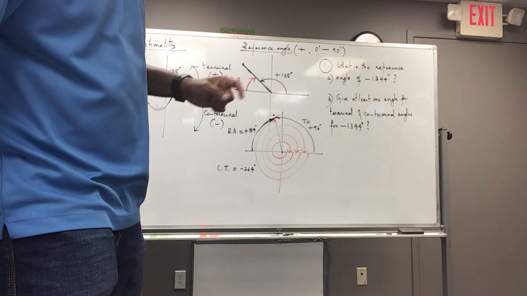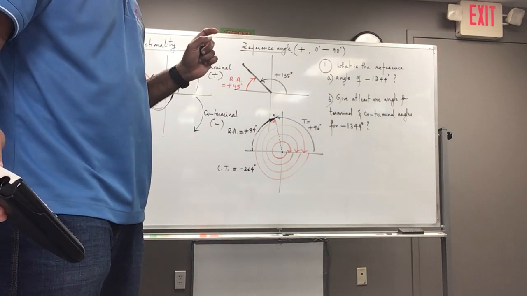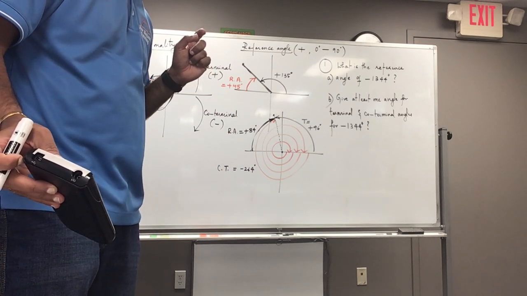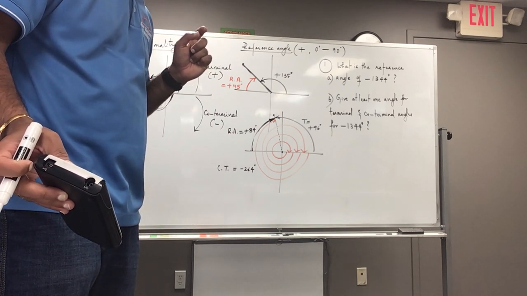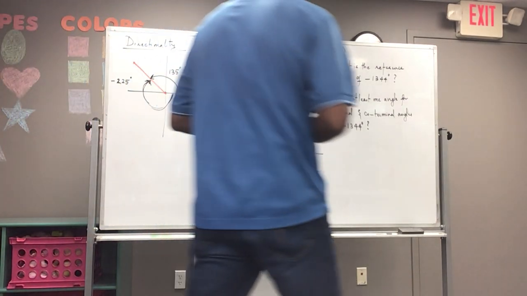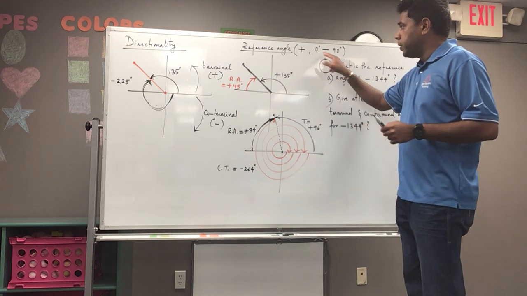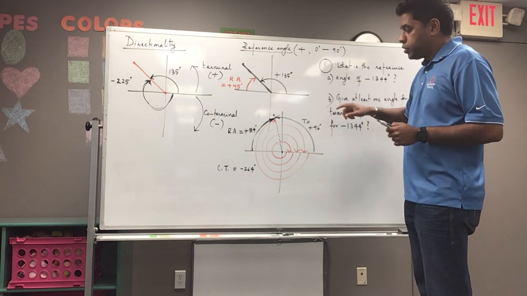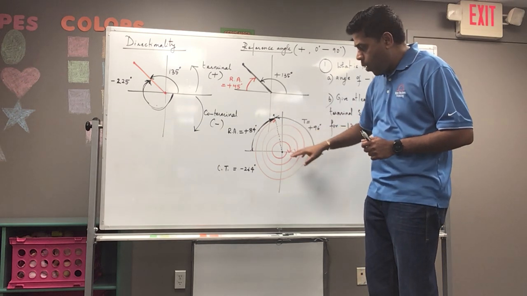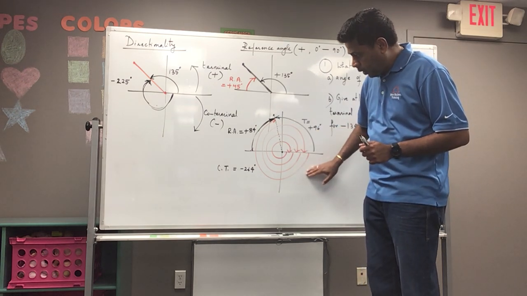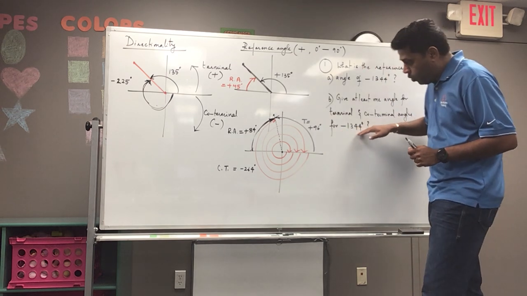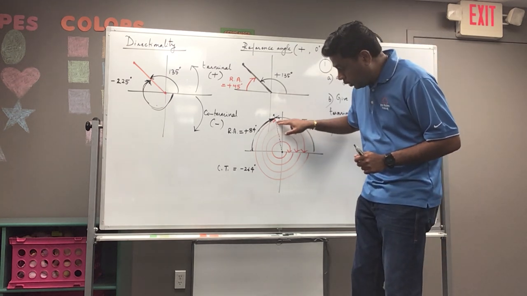Excuse me? Sorry? I had a question. Could you please explain how you found the reference angle? I didn't understand that. Okay. Remember, for the reference angle, it has to be between 0 and 90 degrees, right? So what I did was, I went through enough revolutions where my negative 1344 got completed here, okay?